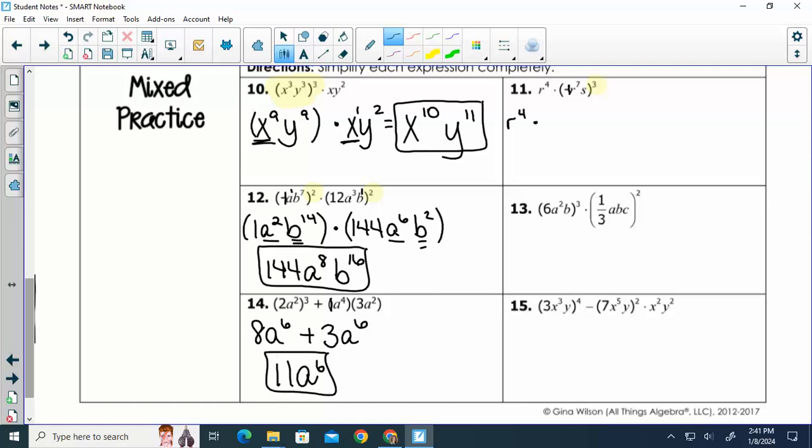A -1 to the third. So -1 times -1 times -1. What does that give me? -1. You can do it on your calculator if you need to. It's in parentheses, cube on the outside. So it's a -1. What do we do with the exponents on the variables? Multiply. Power to a power, we multiply.